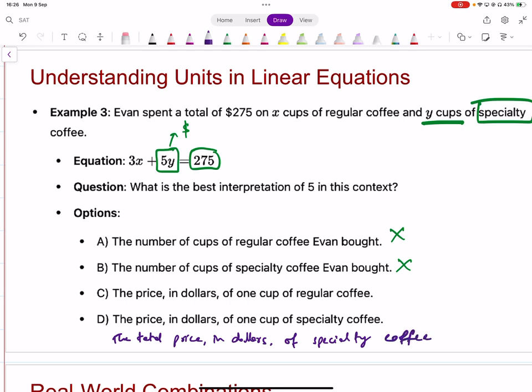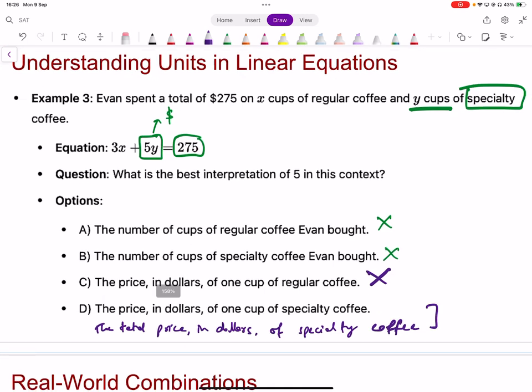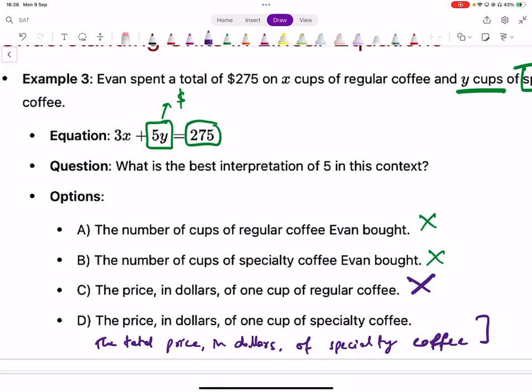Now, in this case, it's obvious we're not talking about regular coffee, so this is not possible as well. You're only left with one option, that is D. But how do you differentiate between these two options? Price in dollars of 1 cup of coffee and the total price in dollars of specialty coffee. How do you decide which one of these would be?